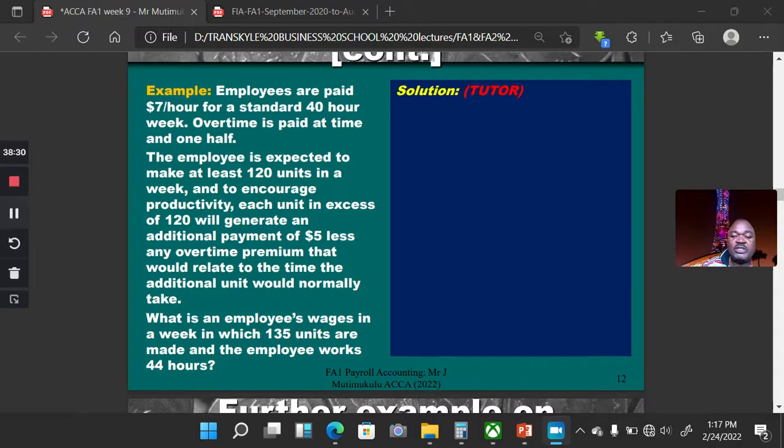What is an employee's wages in a week in which 135 units are made and the employee works 44 hours?